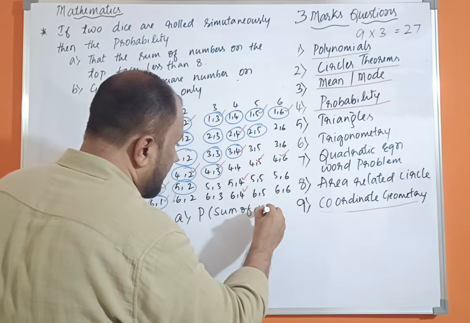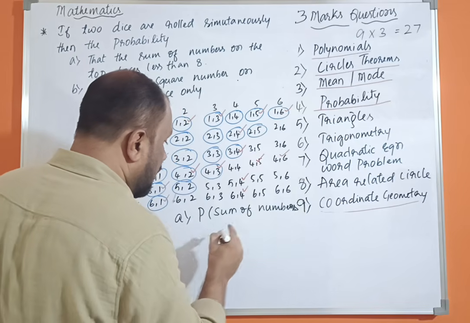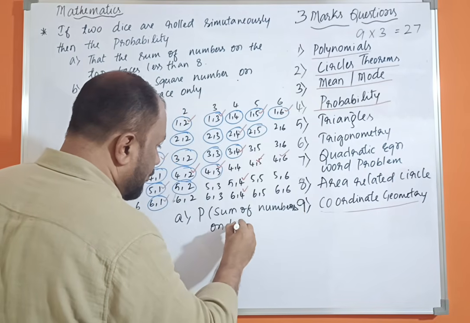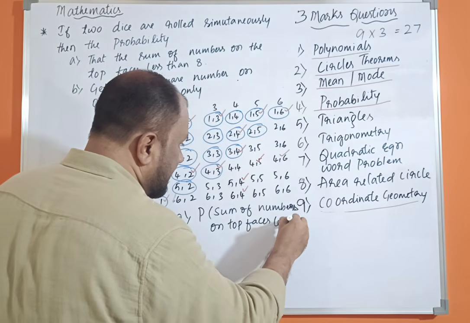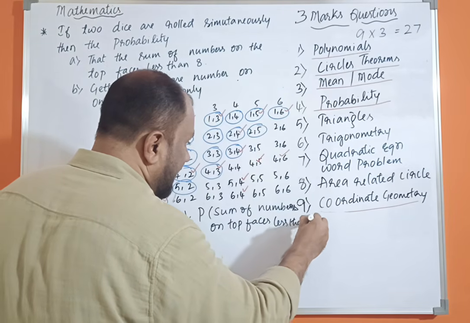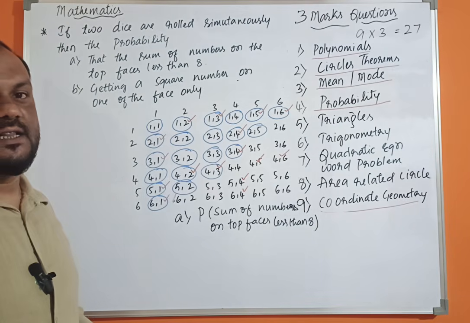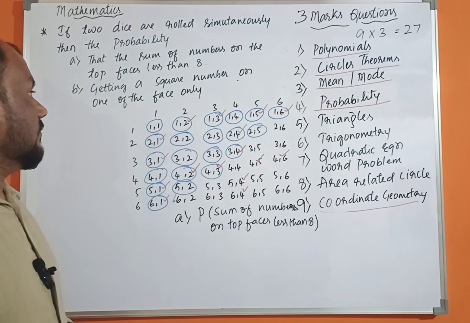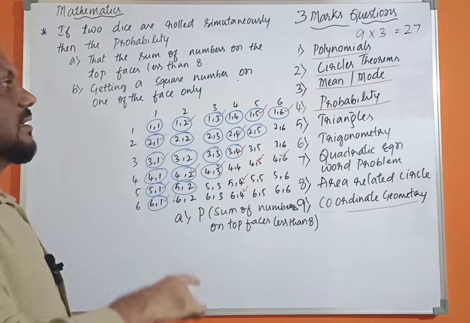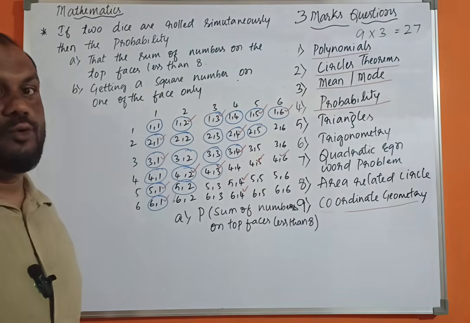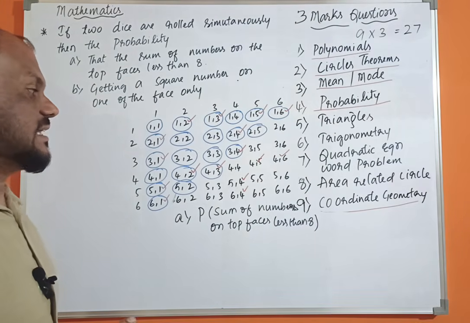So here I used the blue marker to underline which gives a sum less than 8. All the circled ones from the blue marker are the faces which give a sum less than 8.